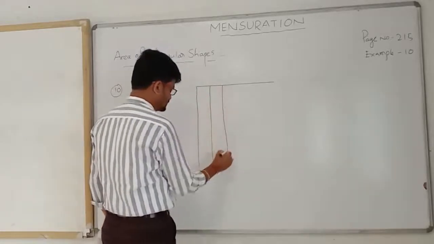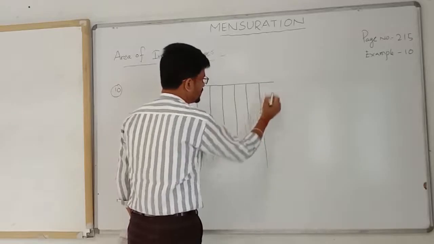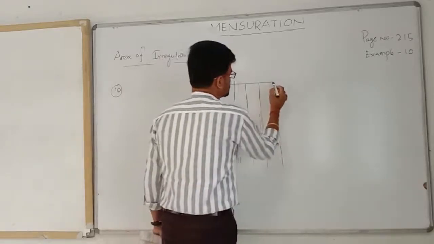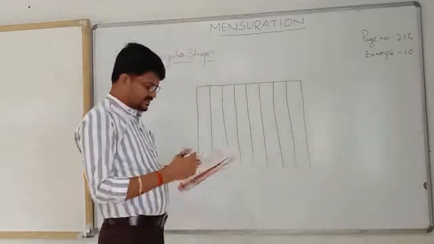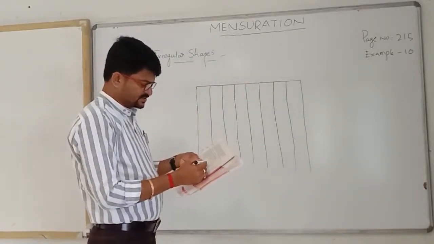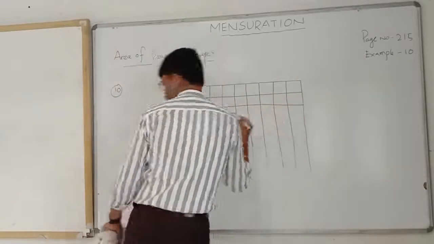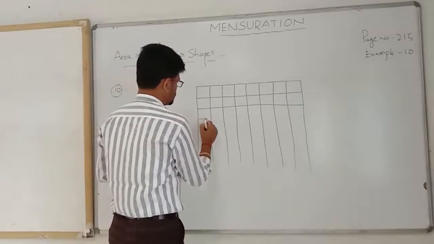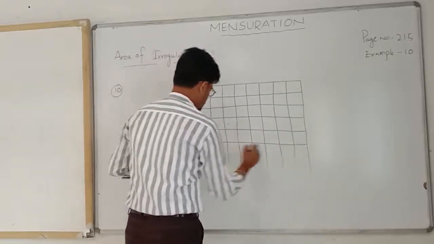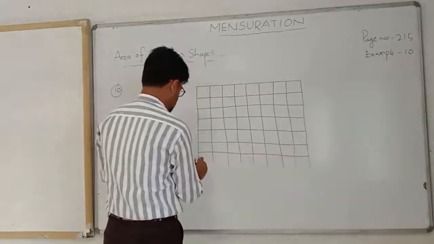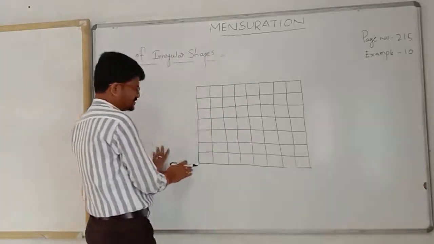Here vertical, horizontal 1, 2, 3, 4, 5, 6, 7. This is the shape of the graph sheet.